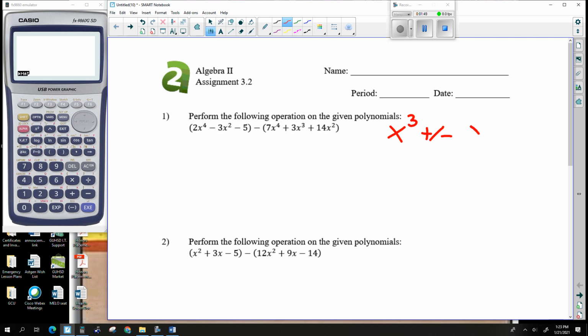Like x to the thirds can only add and subtract x to the thirds. X squareds can only add and subtract x squareds. Like normal numbers can only add and subtract other normal numbers. So these are called like terms. You're only able to add and subtract things that are the same.